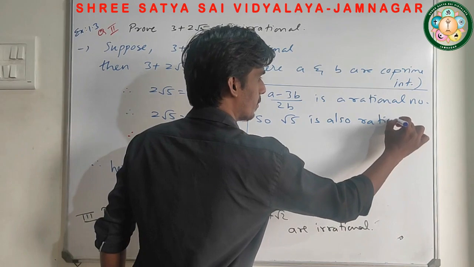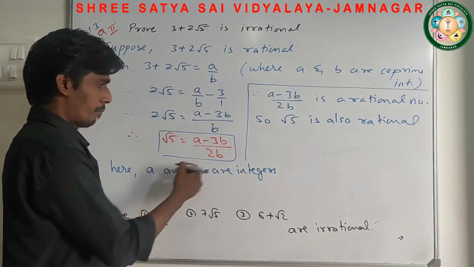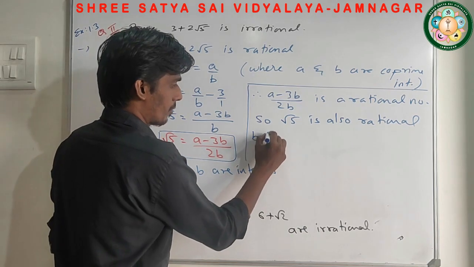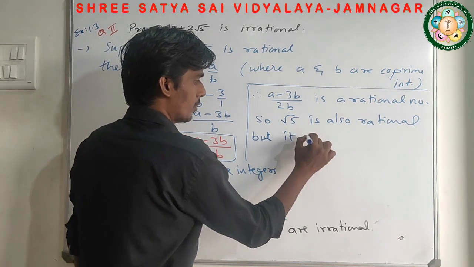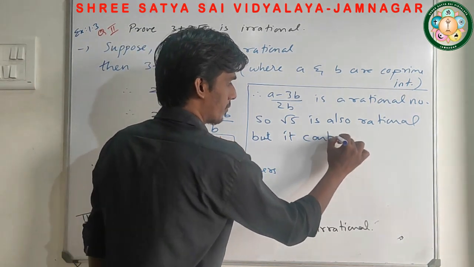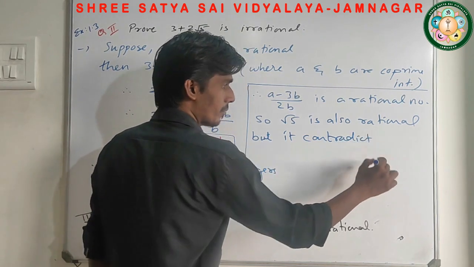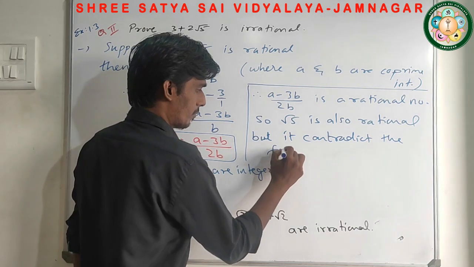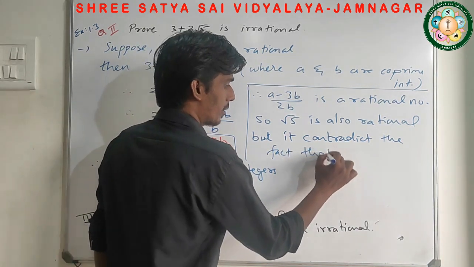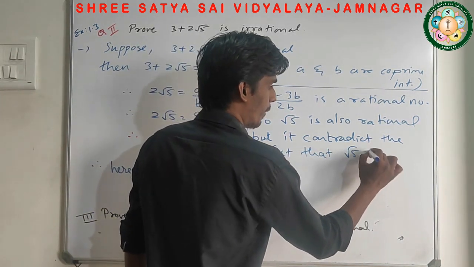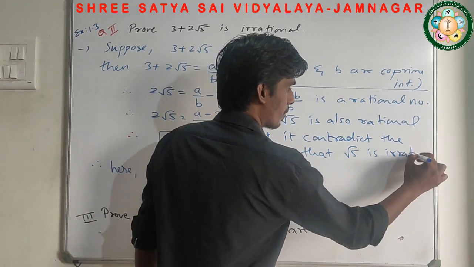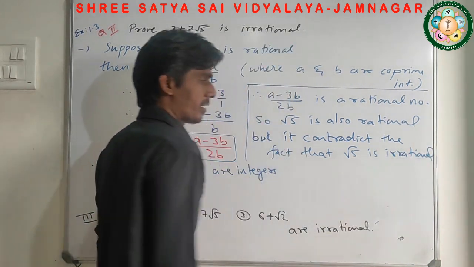from our statement, but it contradicts the fact that root 5 is irrational.